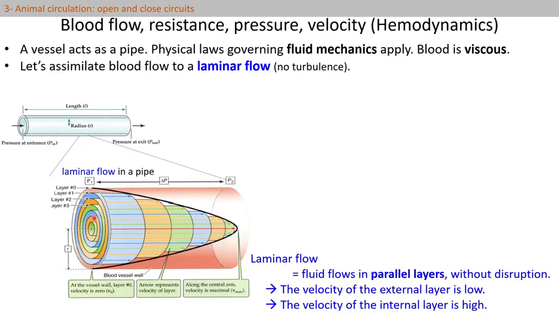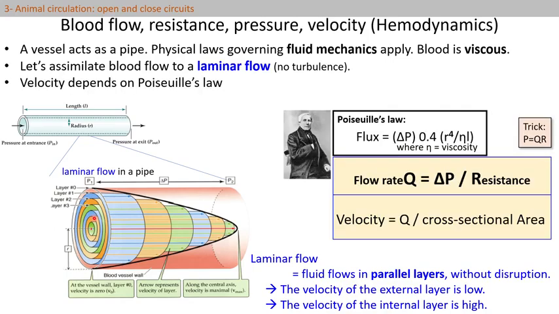Okay. So what controls laminar flow is called Poiseuille's law. And I want you to understand at least a few aspects of Poiseuille's law and how they influence the physiology of circulation. So what does Poiseuille's law say?